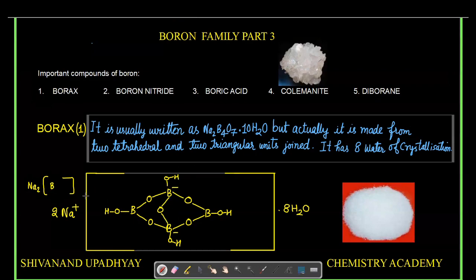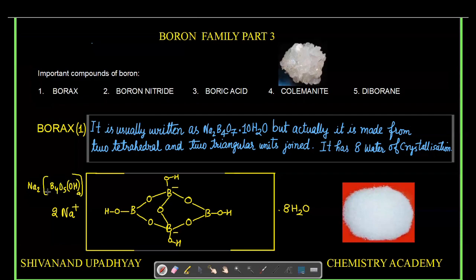So there are 4 boron atoms and there are 5 BOB bonds, and there are 4 OH groups attached to the boron atoms. From here you can find out that the water molecule will be 2. If I remove 2 water molecules, I can write Na2B4O7.